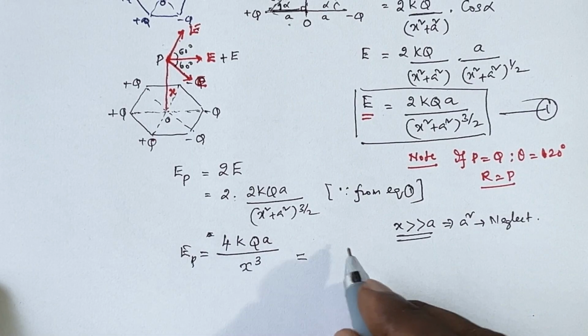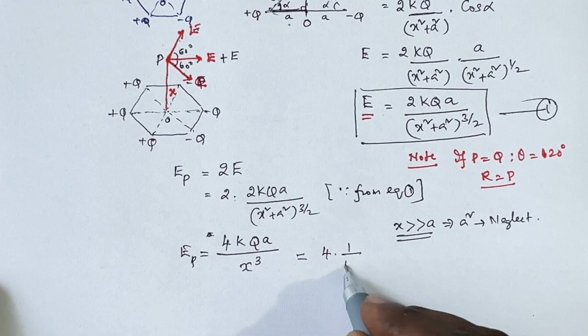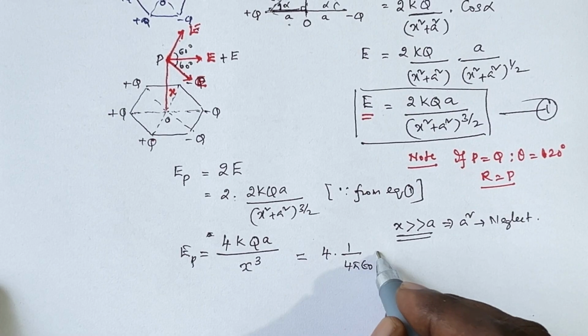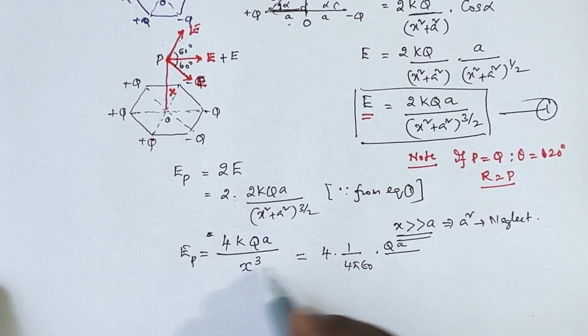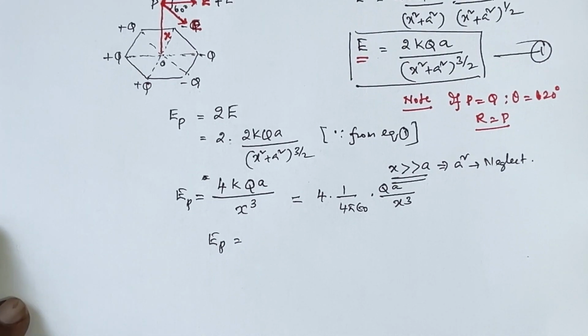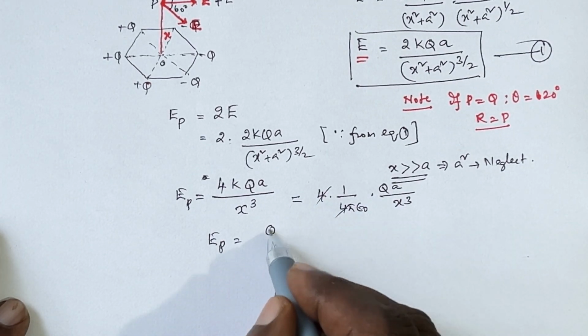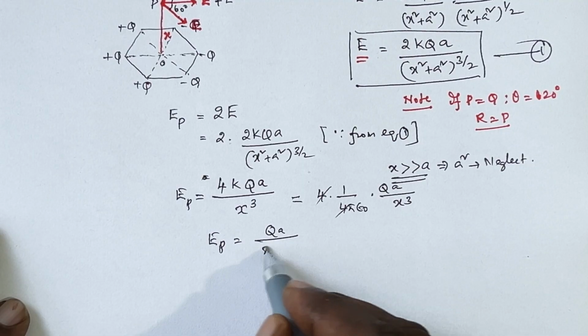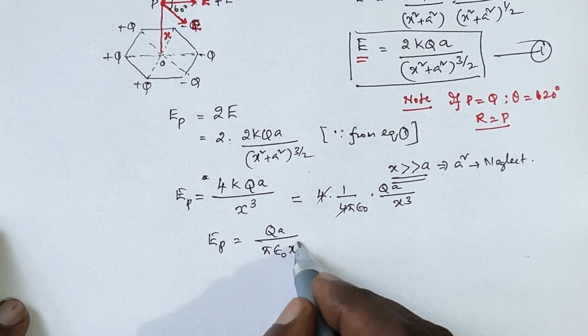Further I will simplify like this. For K value, 1 by 4 pi epsilon naught. Here q a, small a, by x cube. So EP is equal to how much we got here? 4 cancels. q a will be there by pi epsilon naught, and this x cube will also be there.